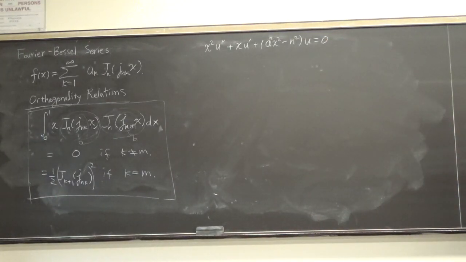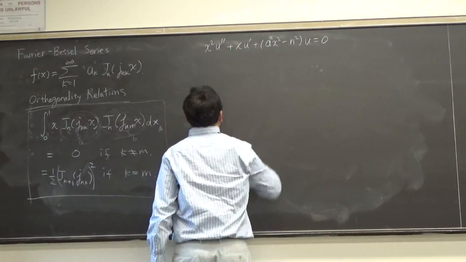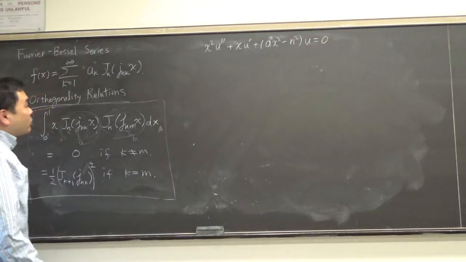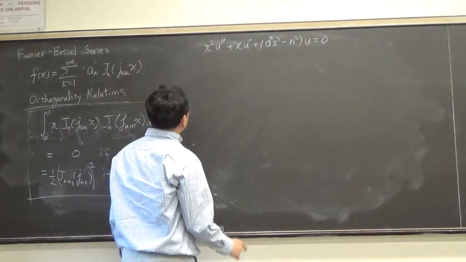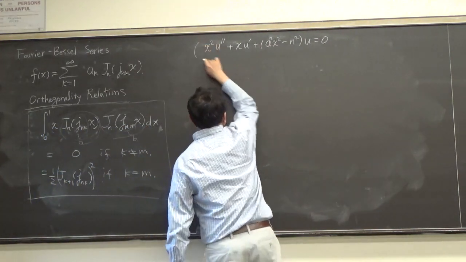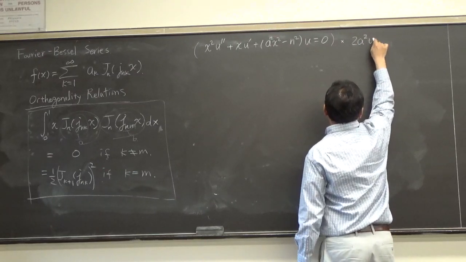Okay, so what I'm going to do is multiply everything by 2a squared u prime.